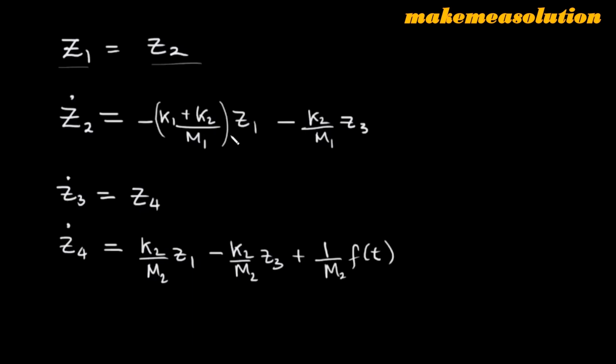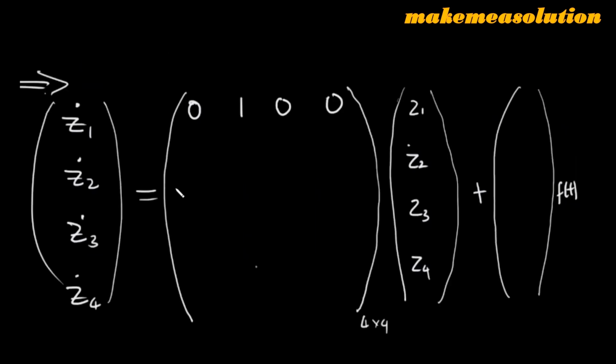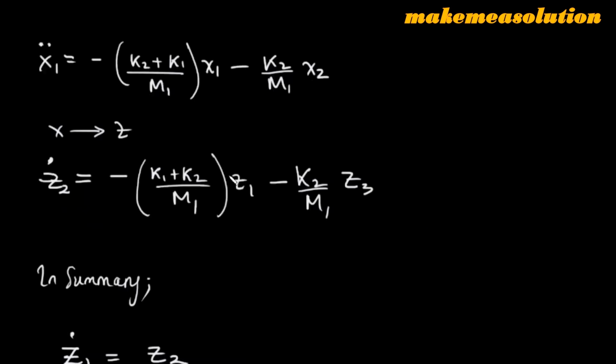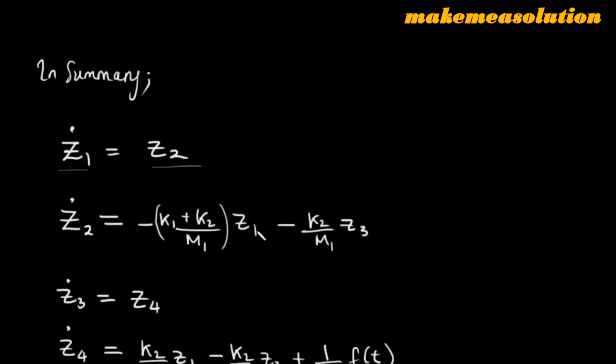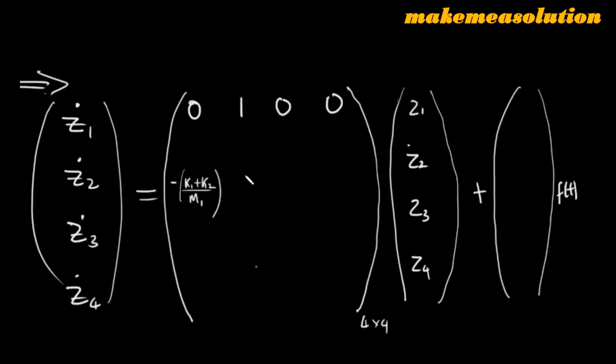Now z2 dot. The coefficient of z1 is minus k1 plus k2 over m1. So you're going to put it there, minus k1 plus k2 over m1. Okay, then is there a z2 there? There's no z2 in this equation, so it will be 0.